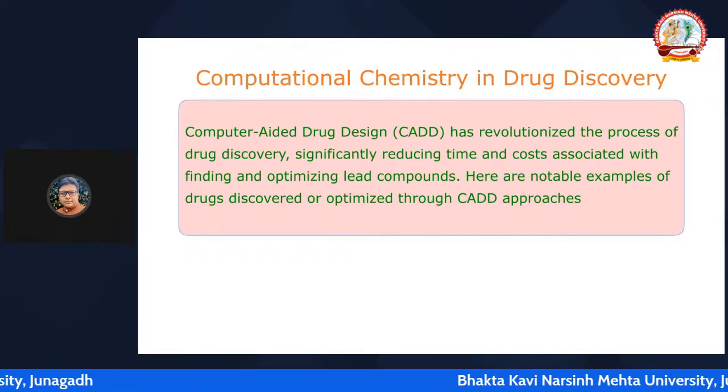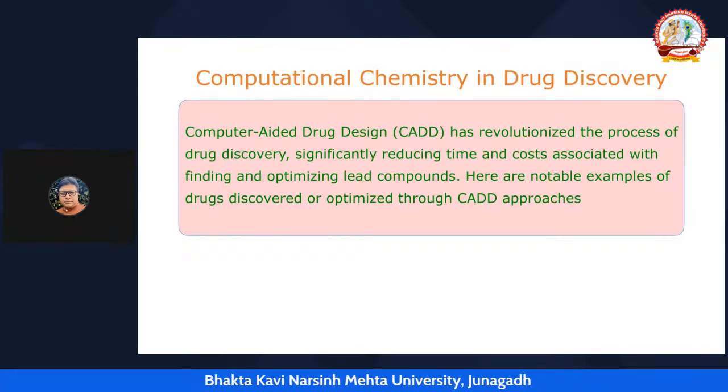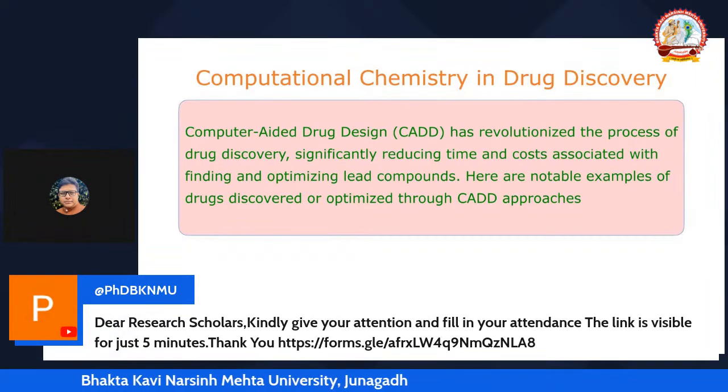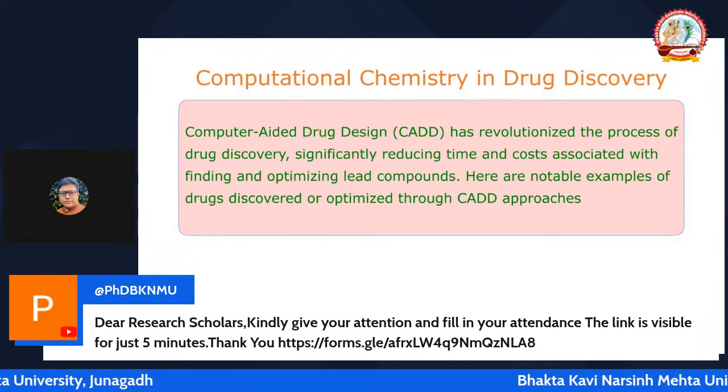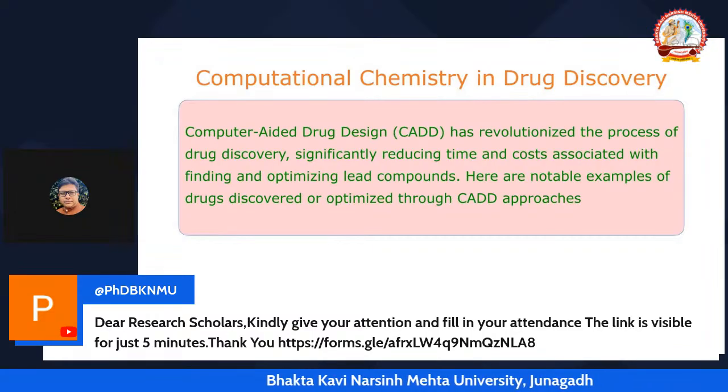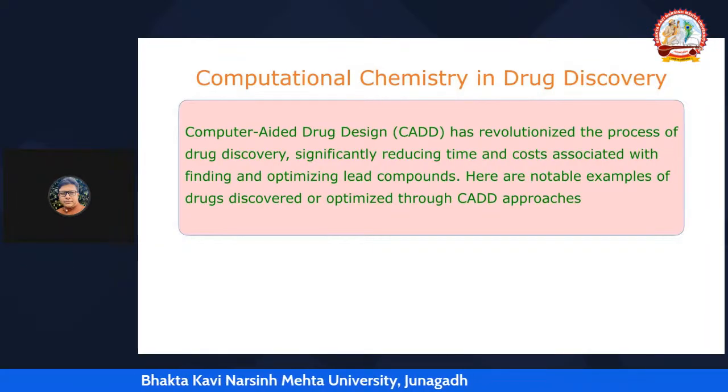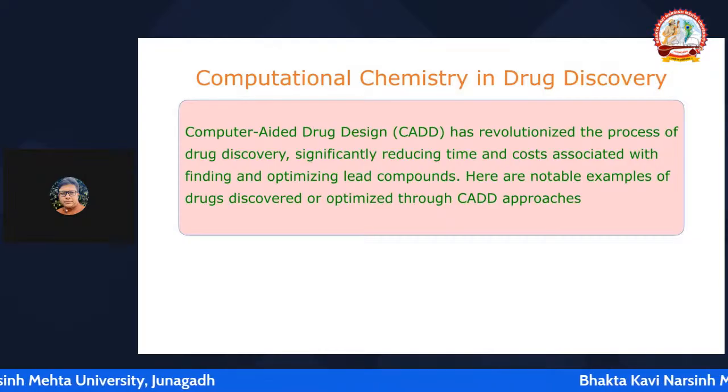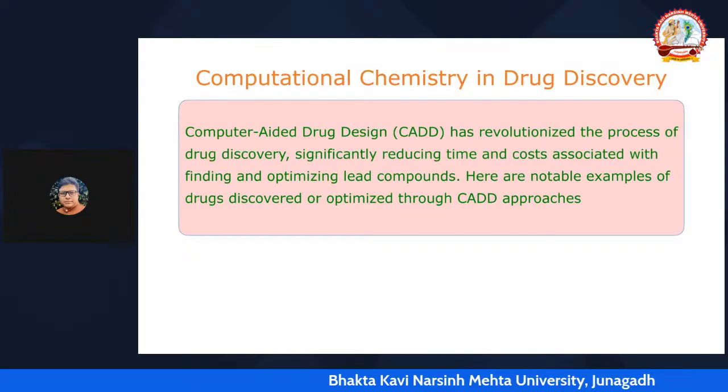So computational chemistry has revolutionized the process of drug discovery. It helps by reducing the time and the cost associated with finding and optimizing.